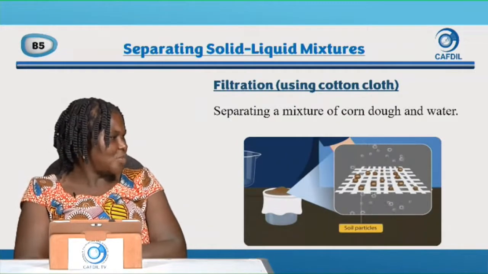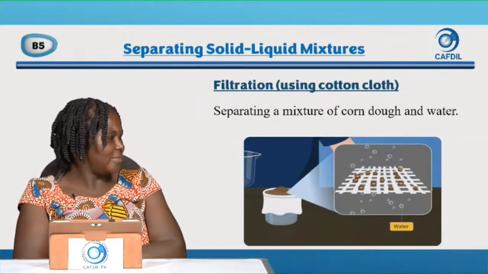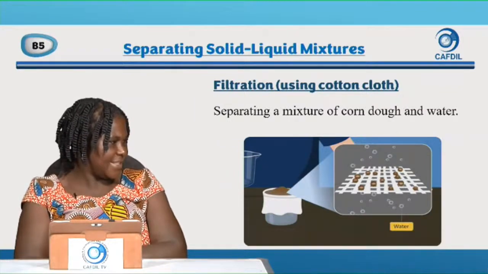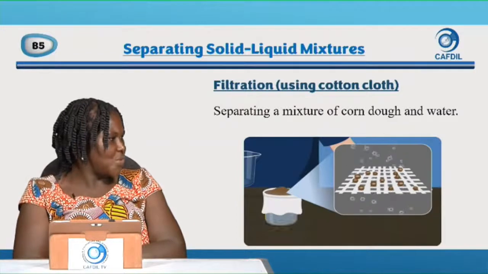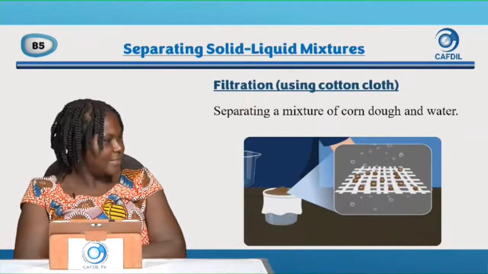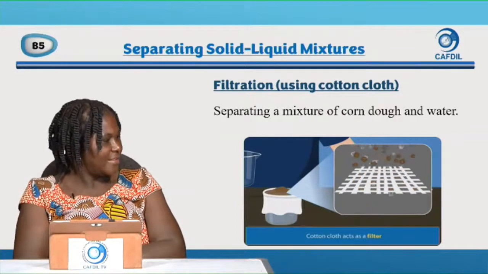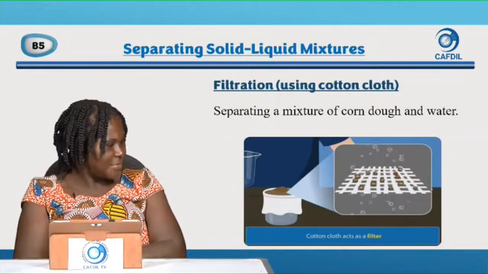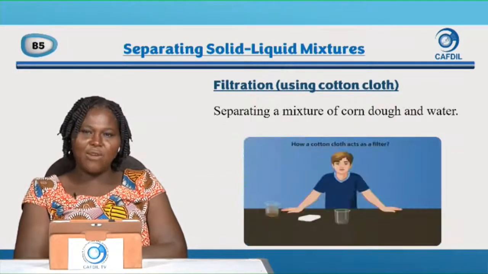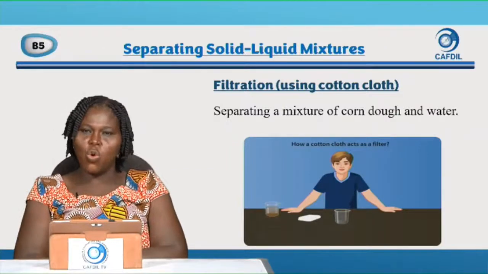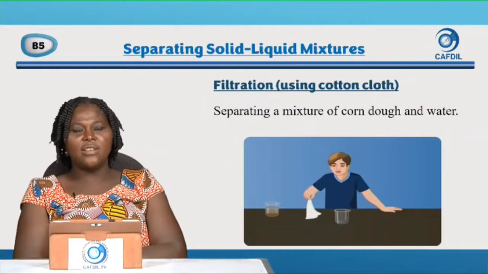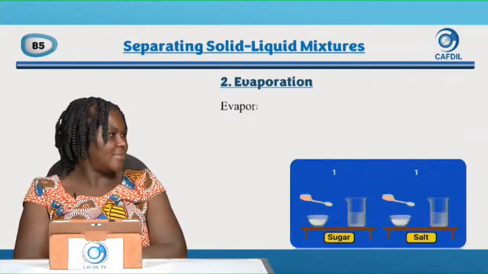Since the holes are very small, the corn dough cannot pass through it. So we get our corn dough back, and our water is also separated. This is how we use filtration to separate corn dough and water using cotton cloths.